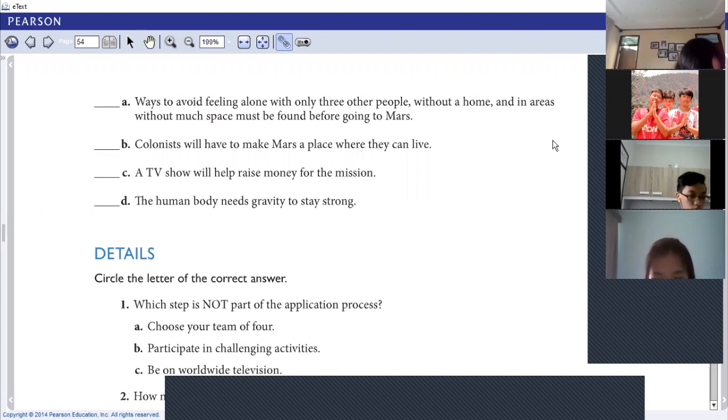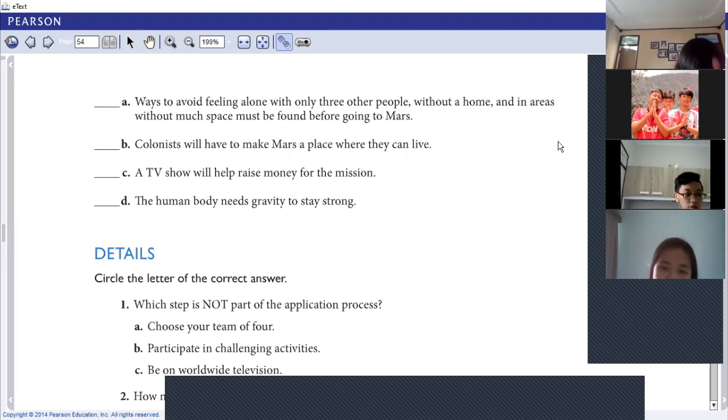And what about Ian Dustin? Good morning, Ian. Could you try? B: Colonists will have to make Mars a place where they can live. In what paragraph do we find that? Paragraph 3. Yeah, very good. And what sentence did you underline in paragraph 3? Is it the colonists will have to make Mars?